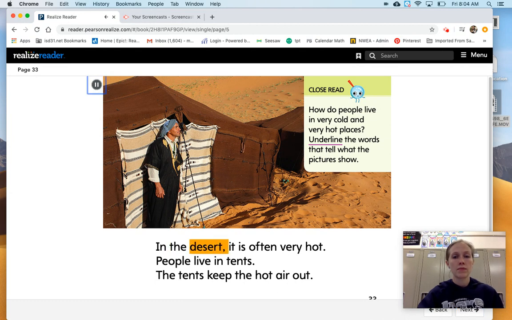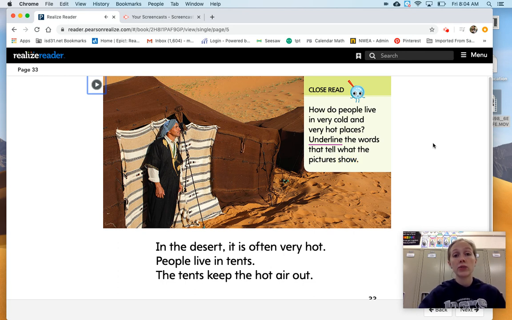In the desert, it is often very hot. People live in tents. The tents keep the hot air out. Close read. How do people live in very cold and very hot places? Underline the words that tell what the pictures show.